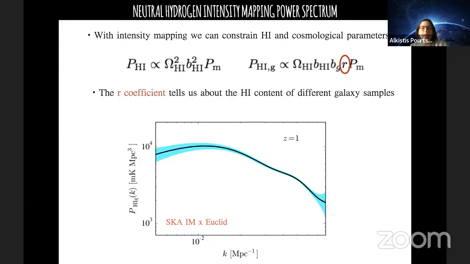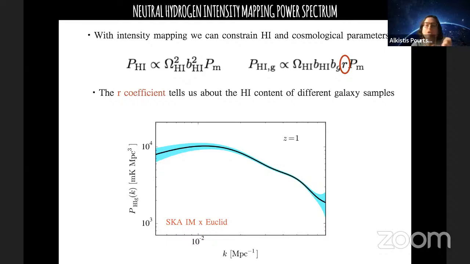And if you ignore complications like redshift space distortions, you can simply write this cross-correlation power spectrum as the product of the underlying matter power spectrum, because neutral hydrogen is a tracer of it, times an amplitude that is defined by this H1 abundance, which you want to constrain, the H1 bias that you also want to constrain, the galaxy bias that you can just take from your galaxy surveys, and this R coefficient, which basically tells you how H1 and the optical galaxy sample are related.